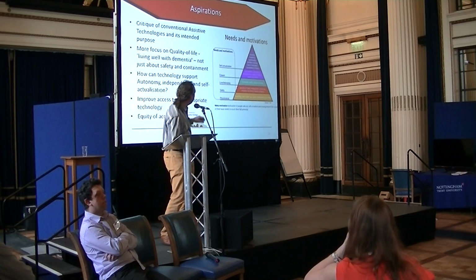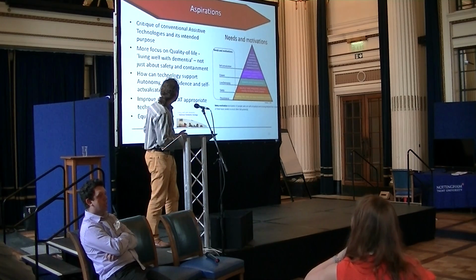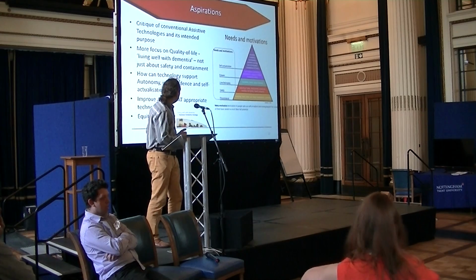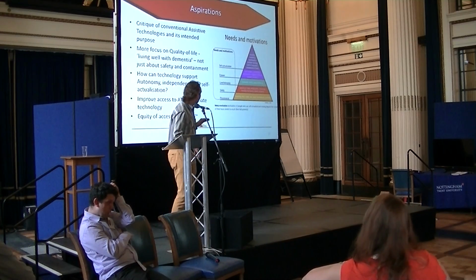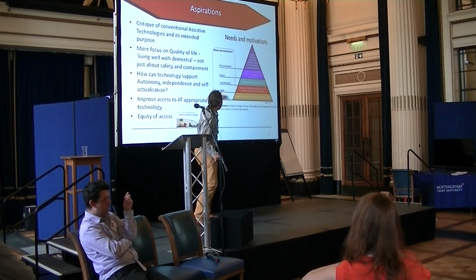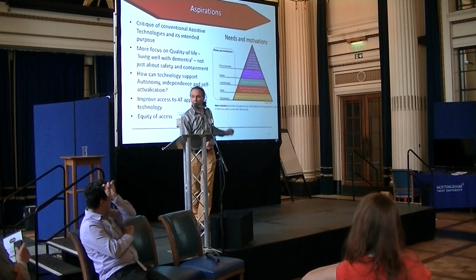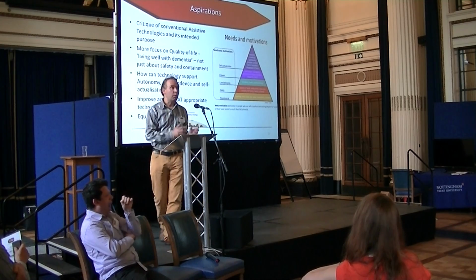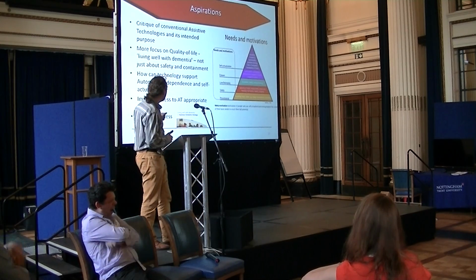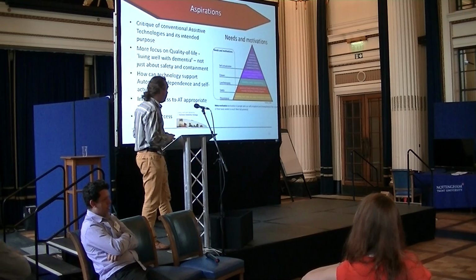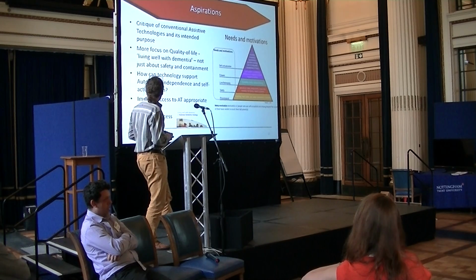There's Maslow's hierarchy of needs on the right. A lot of the assistive technology is down here, physiological and safety. What about love and belonging, esteem and self-actualization? We should be thinking about the use of technology to support those higher parts of the hierarchy.